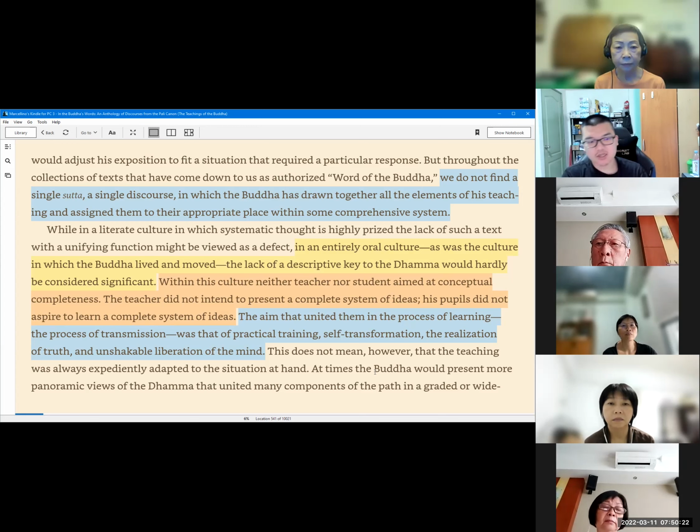The teacher did not intend to present a complete system of ideas. His pupils did not aspire to learn a complete system of ideas.